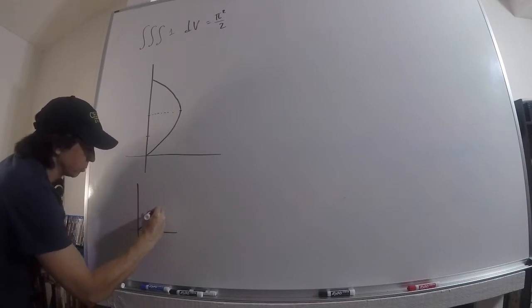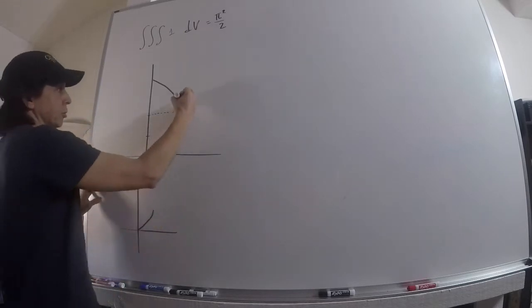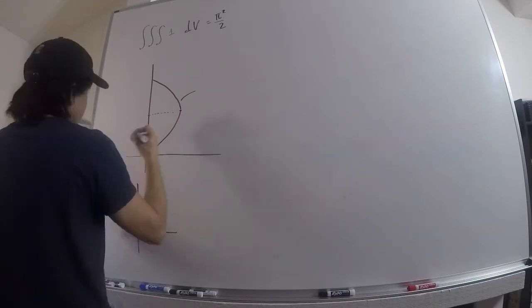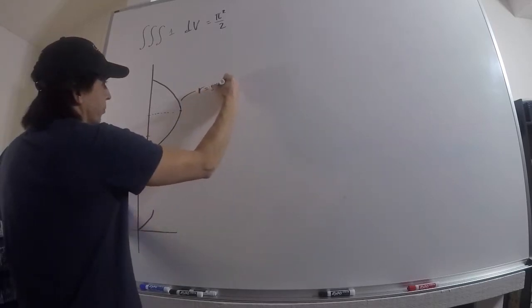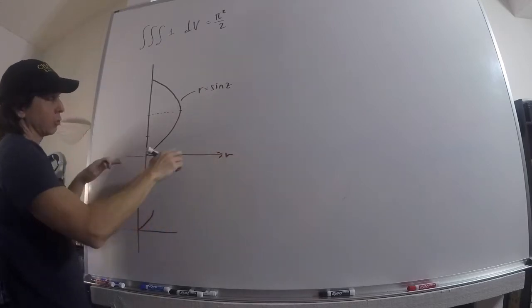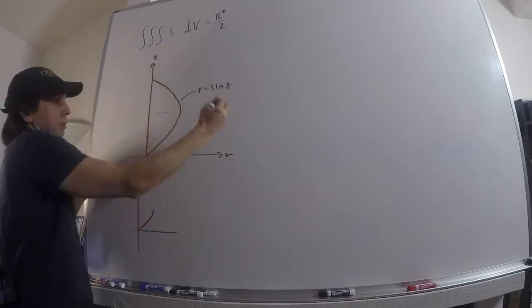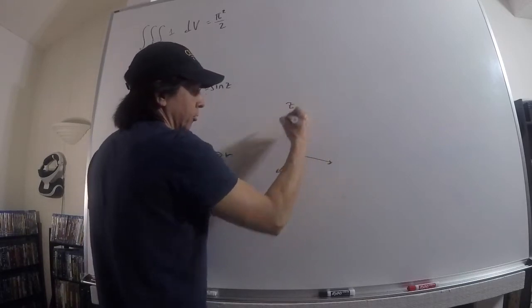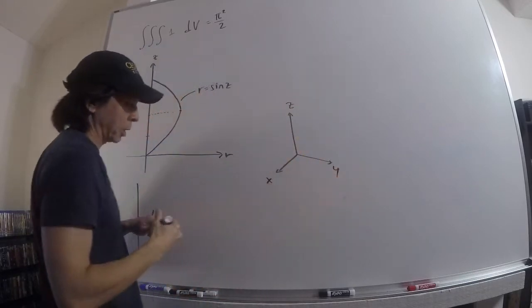Okay, so the original curve is, what is it? z is equal to sine z. r is equal to sine z. Because the radius is, this is your r axis basically. Because when you do your three-dimensional picture, z there, x and y have specific directions.